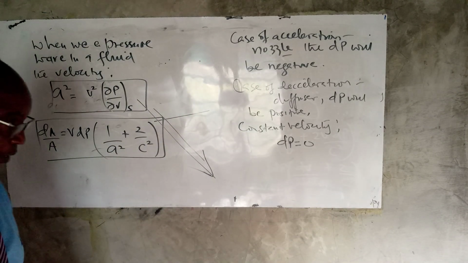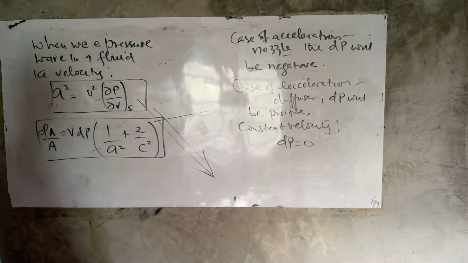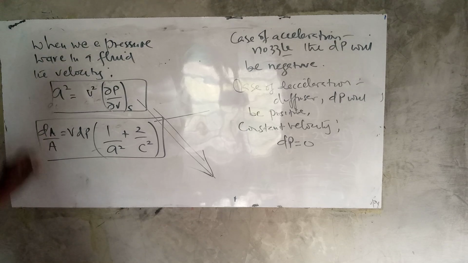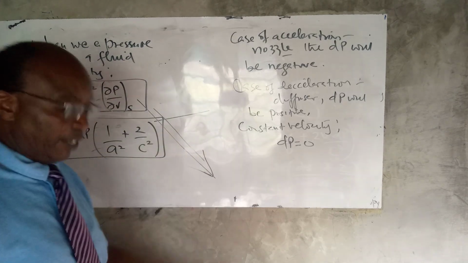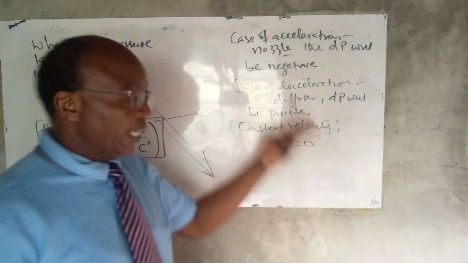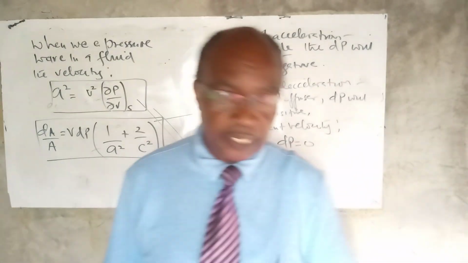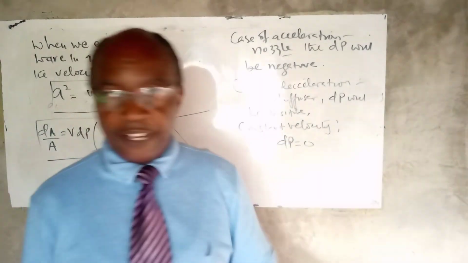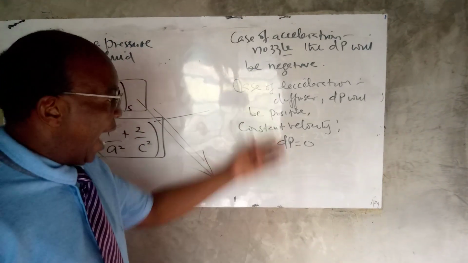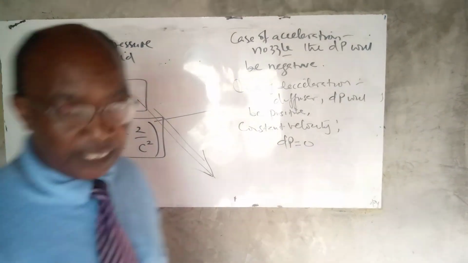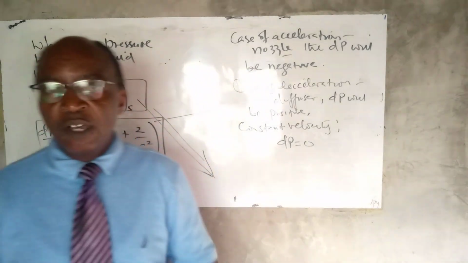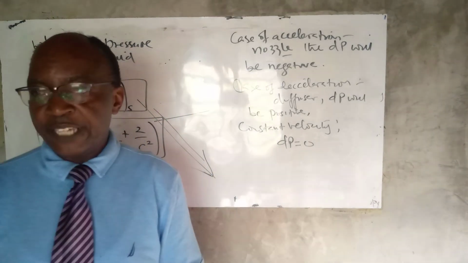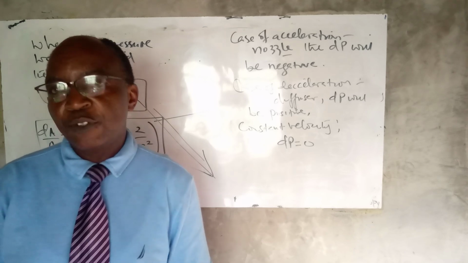So you notice here we have related the cross-sectional area to velocity and pressure, and given its interpretation for acceleration, which is an increase in velocity, deceleration, a decrease in velocity, and constant velocity. Those are just simple basic equations in one-dimensional flow systems. So let's stop at that point. We are continuing with our lectures.